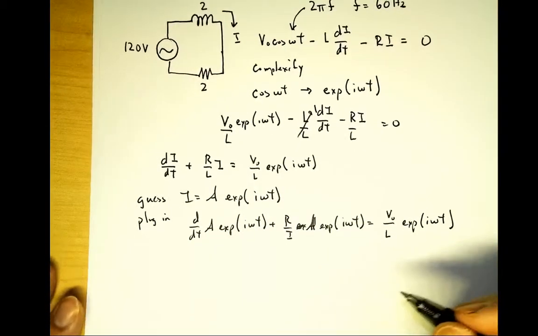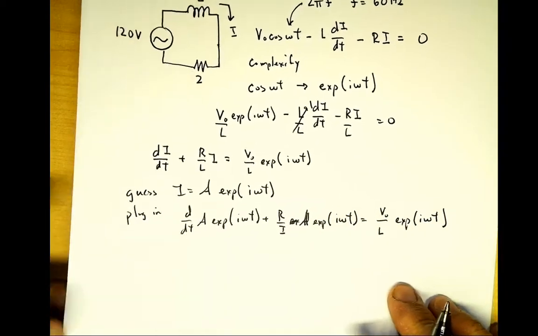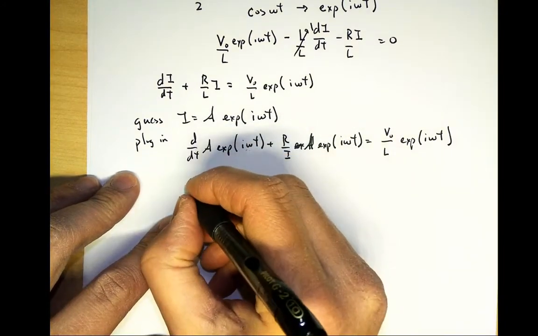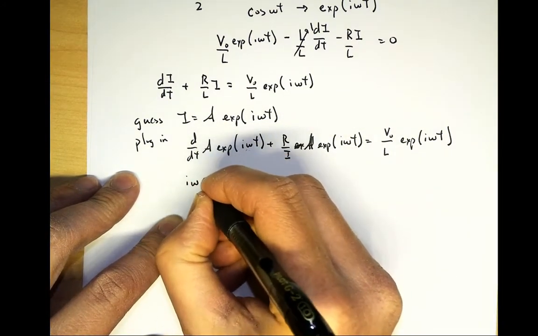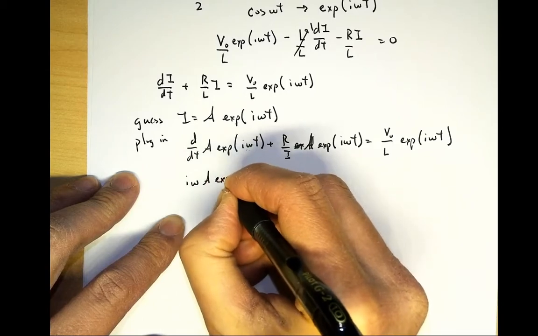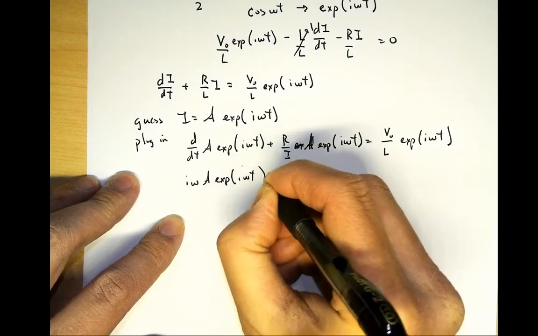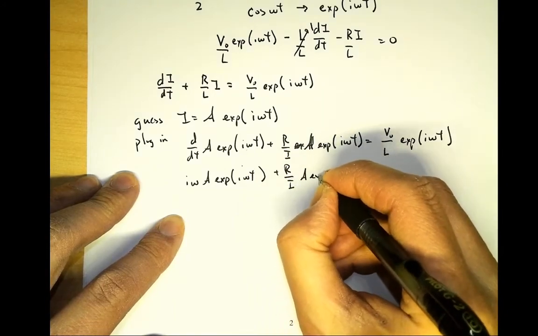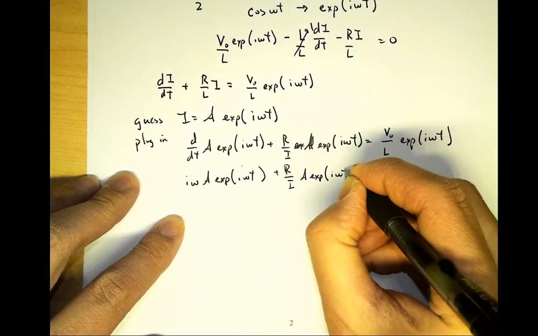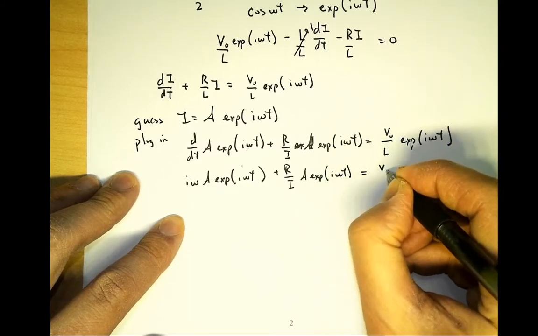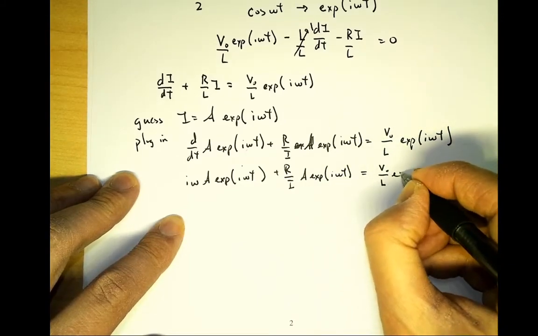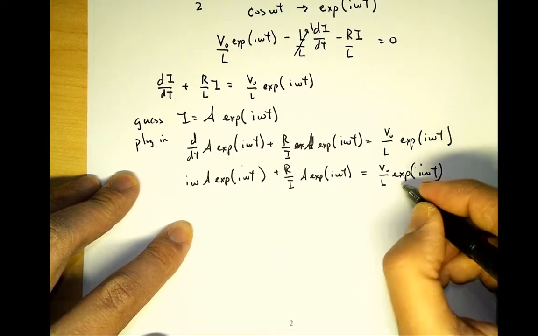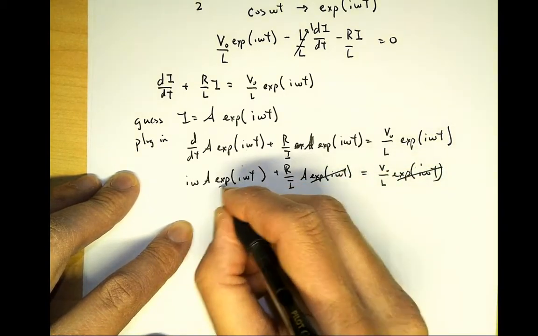All right. So we're going to go ahead and solve this equation here. The derivative pulls down an I omega here. So it's going to be I omega A e to the I omega t plus R over L A e to the I omega t is equal to V0 over L e to the I omega t. So miracles happen. The exponentials all cancel each other out.